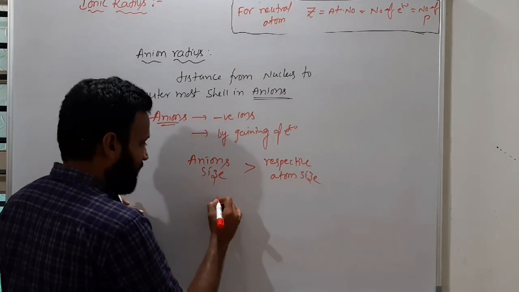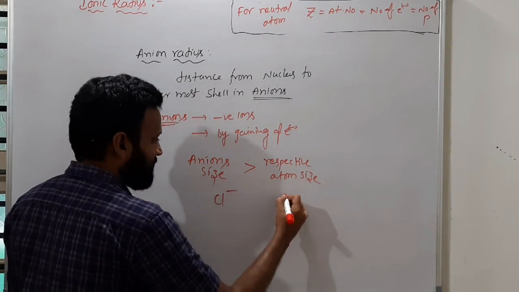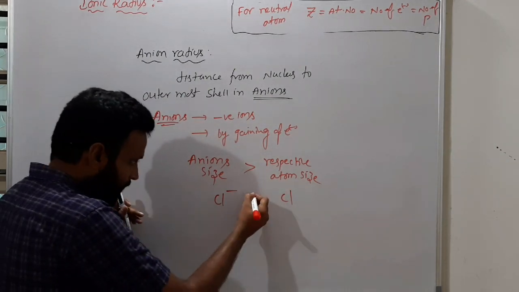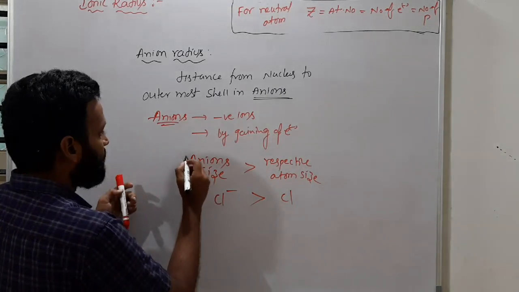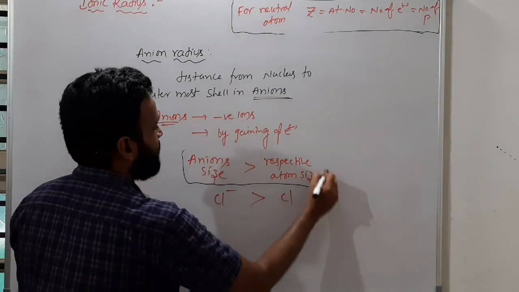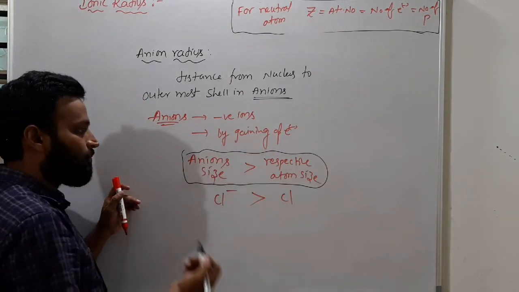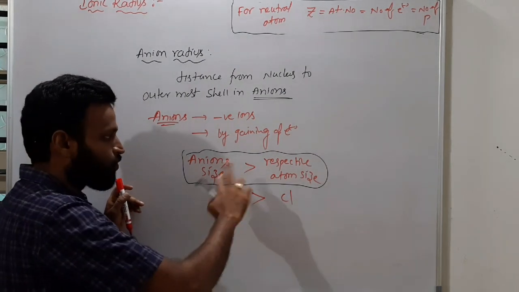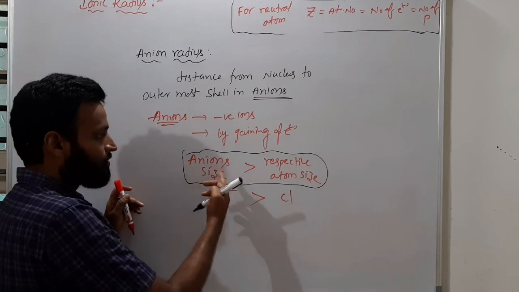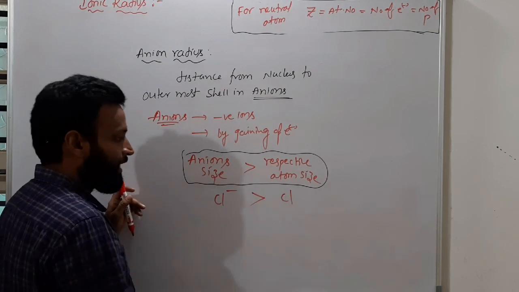Suppose I give you one example, Cl- and Cl. Cl- has more radius. This is the most important thing: anions have more size than their respective atom, whereas for cations it is the opposite; cations have a smaller radius than their corresponding atom.